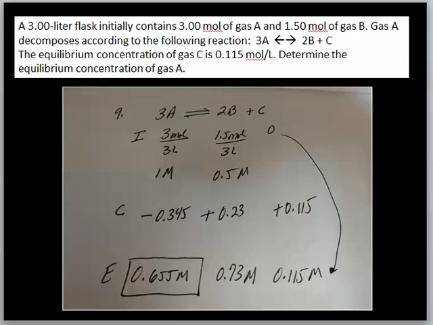They gave you an equilibrium amount of C, so that means you had to gain 0.115 moles per liter C, and your mole ratios for B and A. So if you gain C, then you gain B and lose A. So your equilibrium concentration of A would be your 1 molar minus your 0.345 moles per liter, leaving you with 0.655 moles per liter. So these kind of problems, those are a lot of the variety you can have.